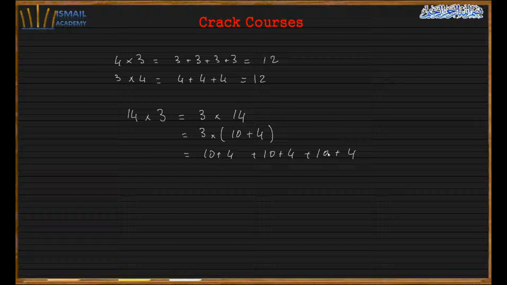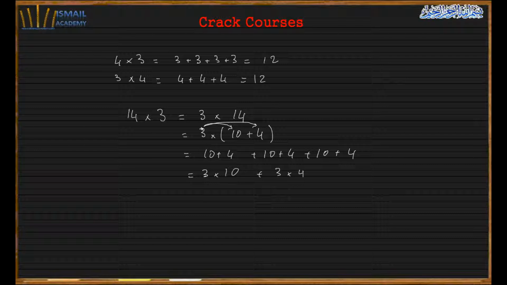I have 3 tens, so it's going to be 3 times 10, plus how many 4s I have. I have 3, so it's going to be 3 times 4. As you see, instead of going through these steps, I just need to multiply 3 by 10 and 3 by 4.